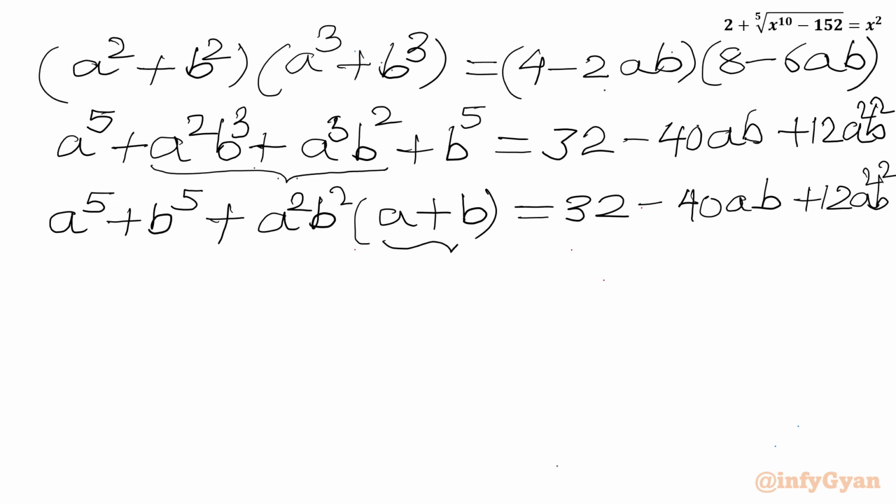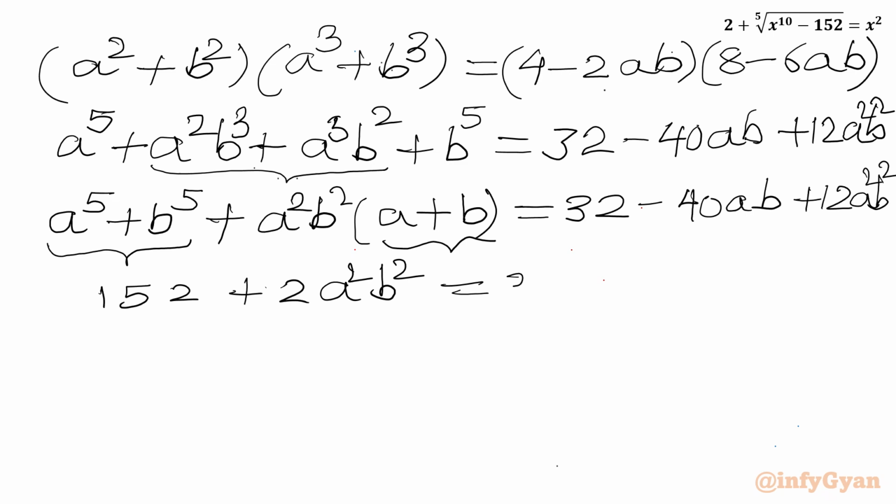Now a plus b was 2. A power 5 plus b power 5 was 152. So I can write 152 plus 2a square b square will be equal to 32 minus 40ab plus 12a square b square.